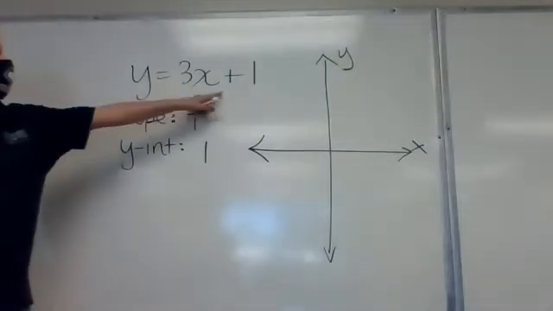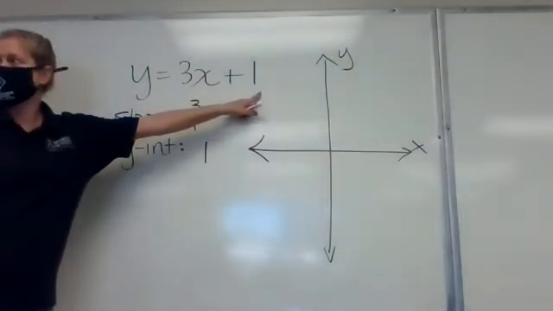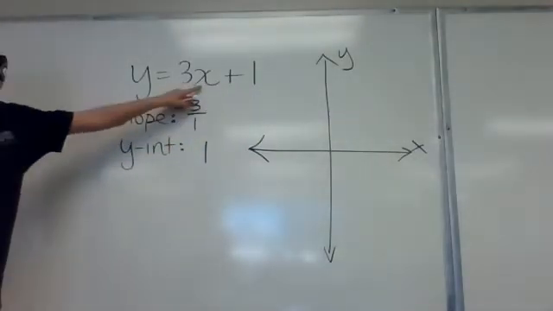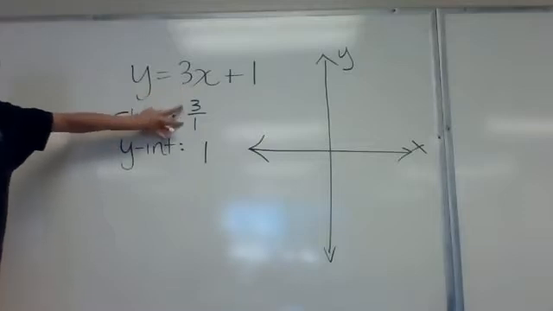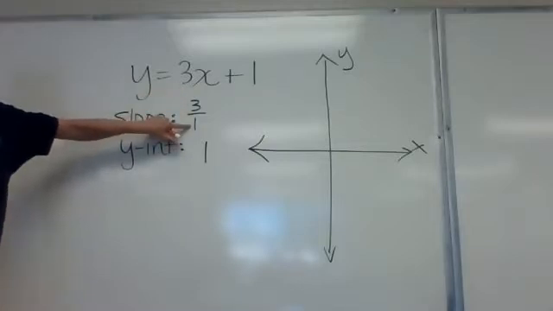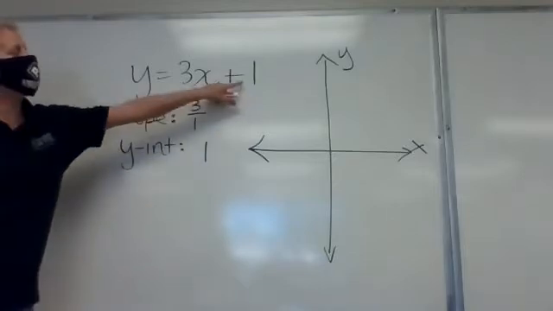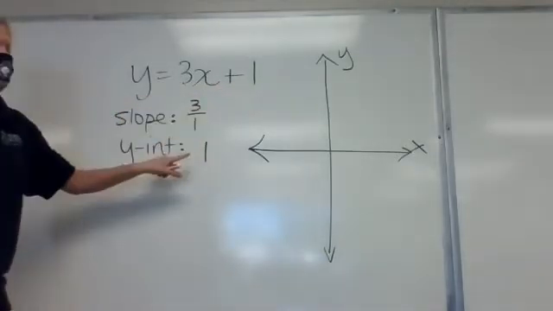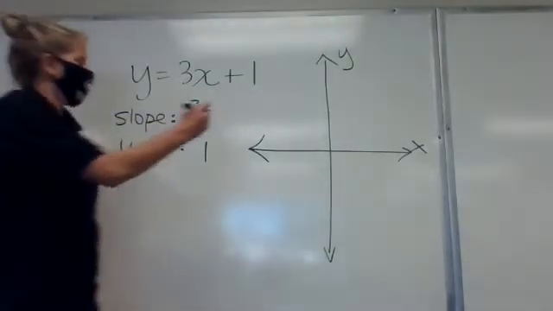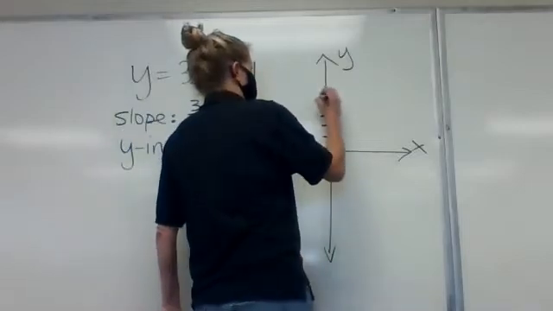So this right here, y equals 3x plus 1. The slope is the number hooked onto x. Since it's a whole number, I think of it as over 1, because this 1, you'll see, is very important. The y-intercept is the number not hooked onto x. So it's positive 1. So now I'm going to go to my graph.